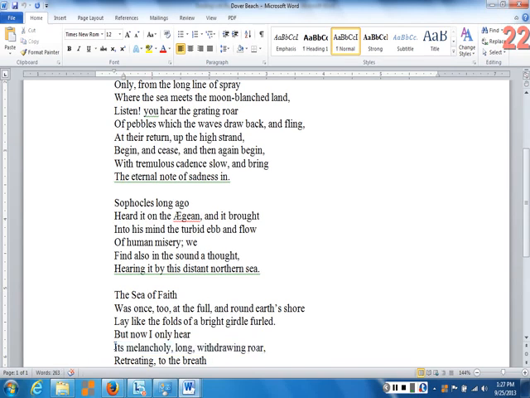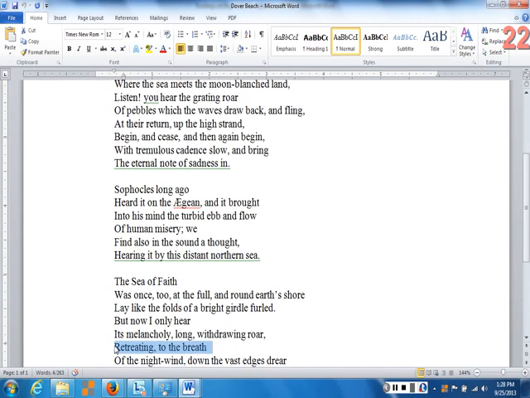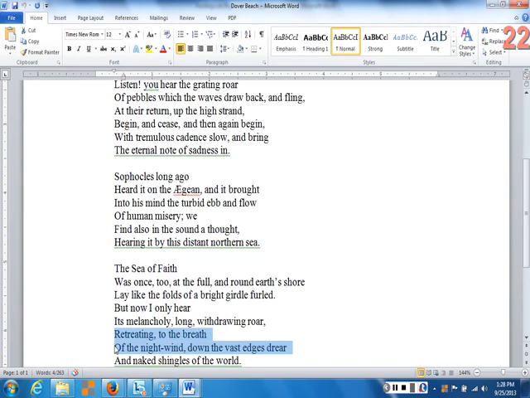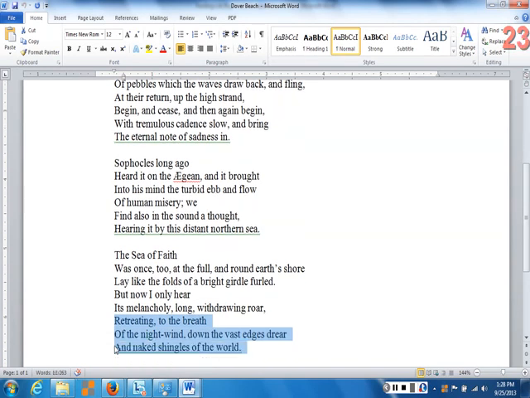And so what are we saying? That faith is withdrawing. It is retreating. Faith once was at full tide. Now the tide of faith is going out. Now faith is leaving us. It is retreating to the breath of the night wind down the vast edges drear and naked shingles of the world.